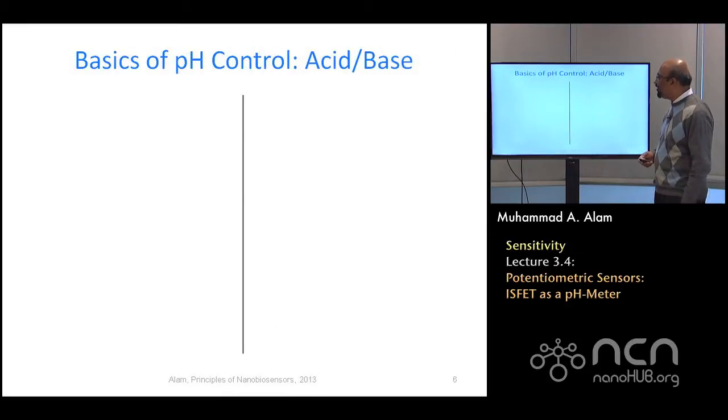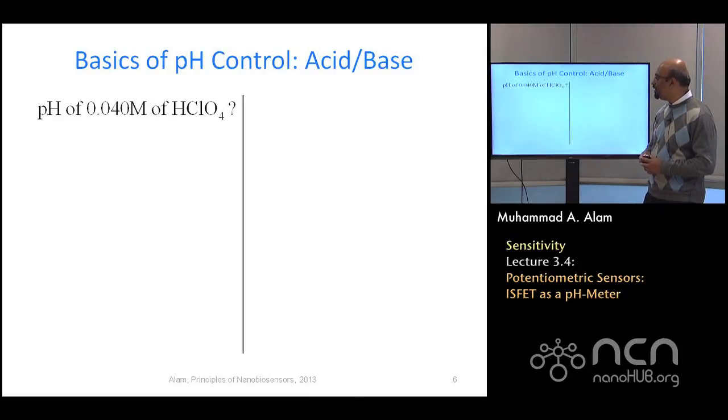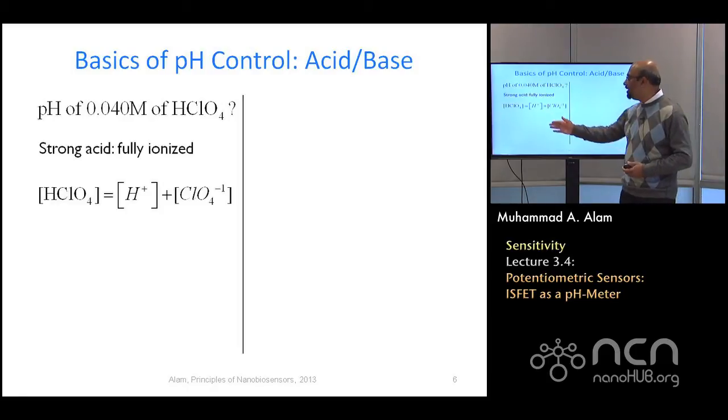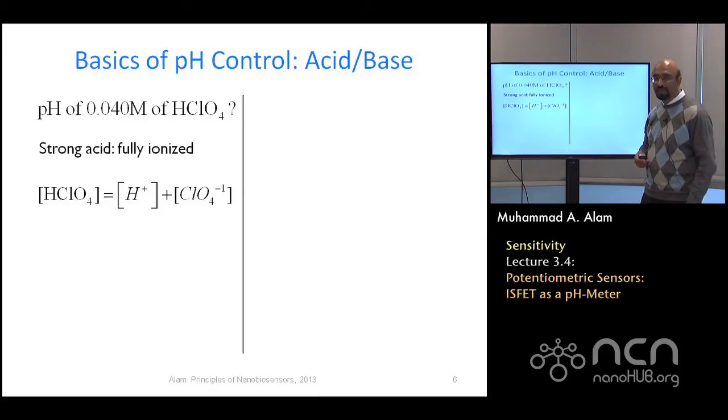Now, how do you control the pH of a solution? Very simple. Let's say you put a little bit of acid of 0.04 molar. So it's mostly water still, a small amount of acid has been added. So, of course, it will be ionized between the proton and the rest of the ions, almost like water dissociating into the two ions.